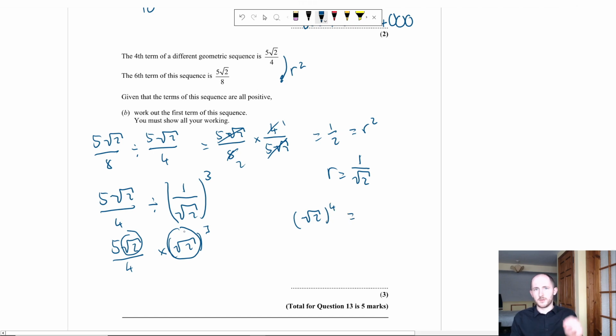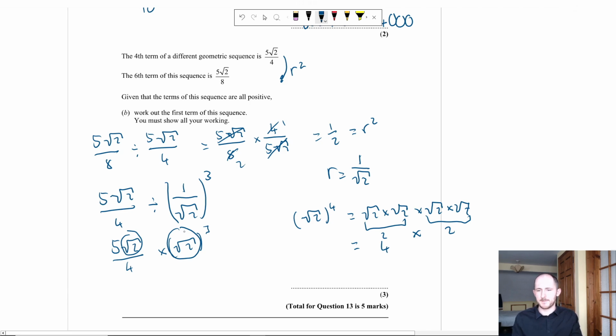So root 2 times root 2 times root 2 times root 2. So that's going to be 2 times 2, right? Because we're going to have root 2. If I write it out fully, just so it makes sense the first time we do it, each of these becomes just a 2, right? So we're just left with 2 times 2, which is, of course, 4.